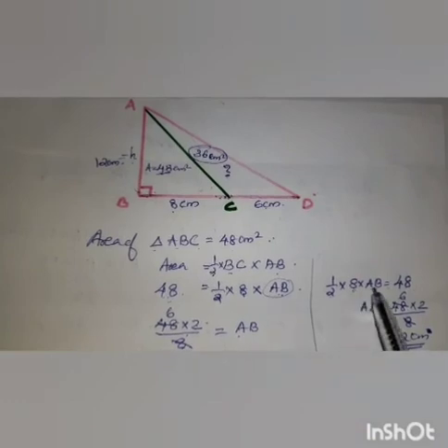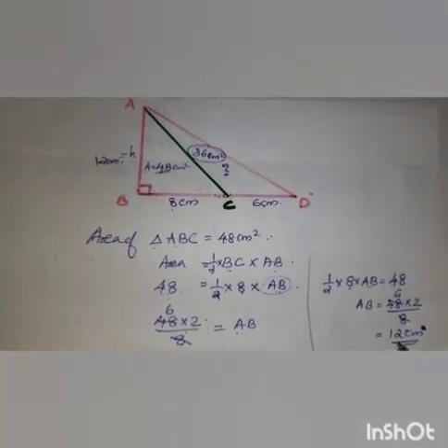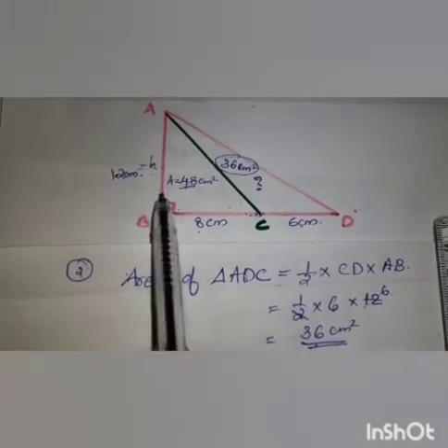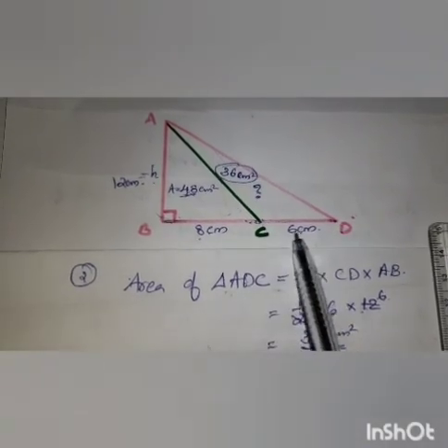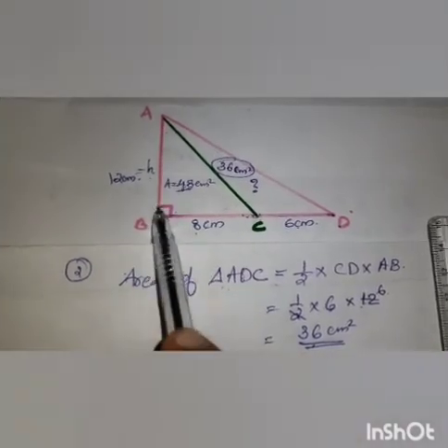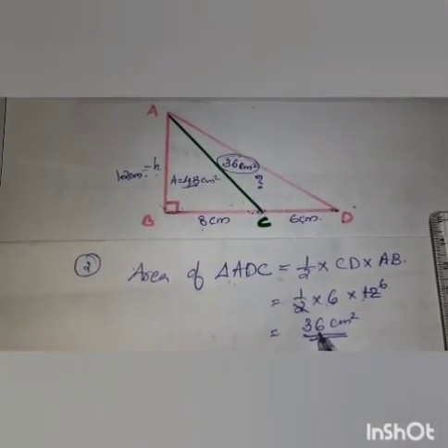Half into 8 into AB is 48, so AB should be 12 centimeter. Using the same height we have to find out triangle ADC also. The base length is given, 6, and same height we have to use, the perpendicular height of the triangle. So it should be 36 centimeter square.